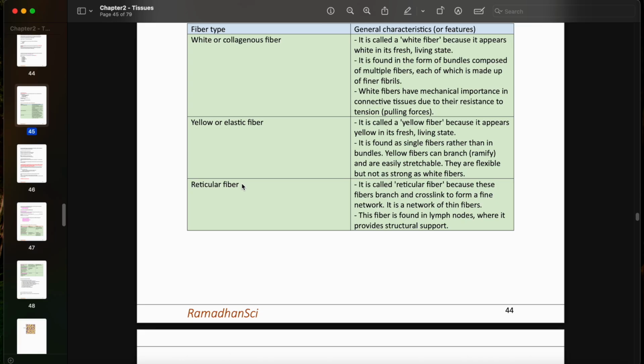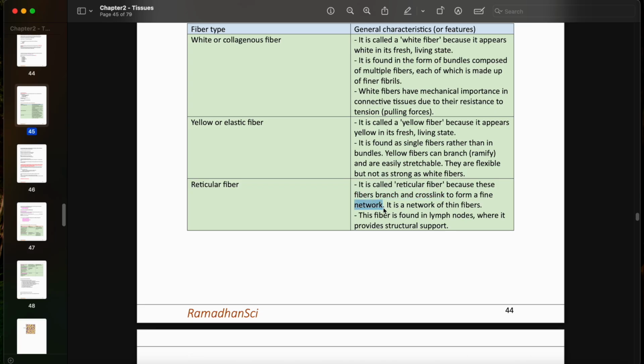And then we're going to have the reticular fiber. Now, why do we call it reticular? Remember, when you look at the word reticular, you want to think about stuff that is complicated, that is interconnected with each other, that is overlapping with each other. So that's why we call it reticular fibers, because these fibers branch and cross-link to form a fine network.